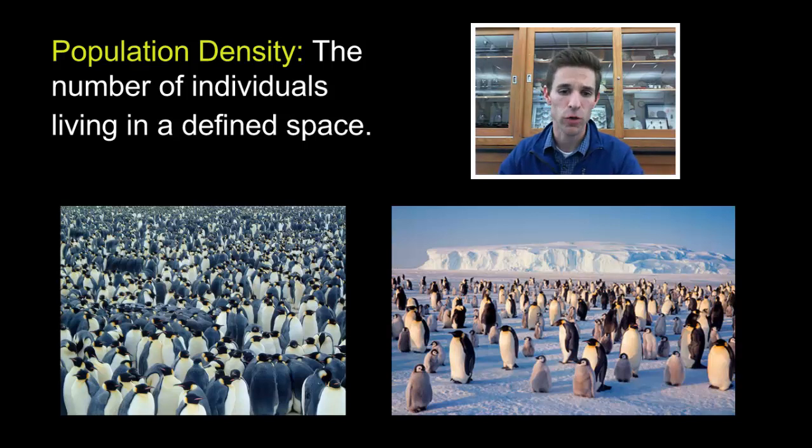If we assume that these two photographs were taken at the same spot, which they weren't, but if we assume that maybe the photograph on the right-hand side was taken at a different time of season or a different time of day, and there are just fewer penguins in the given space, if we assume that the space for each photograph is roughly the same, we would say that the left-hand photograph has a much higher population density of emperor penguins than the photograph on the right-hand side, which has a lower population density. And remember, it's the number of individuals in the defined space. Ecologists have to define the space in order to find the population density.